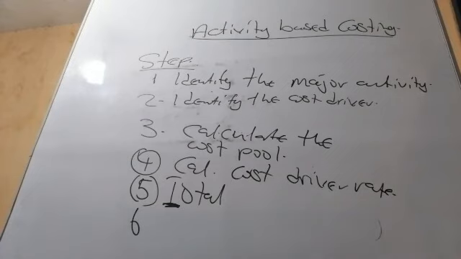Good. So these steps are the ones that we are going to use to work the activity-based costing out. They are not difficult at all. Throughput is a bit, but all of them are at the same level because all of them are advanced cost accounting techniques.